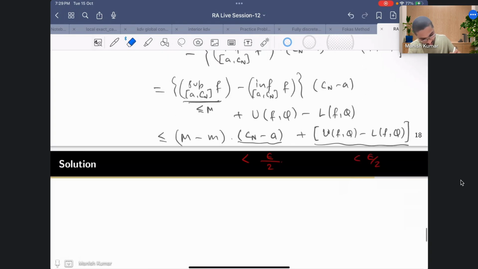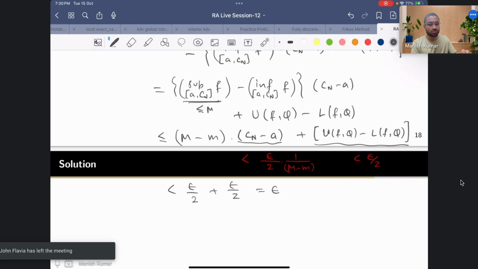I'll divide it by 1 by M minus m. Then you see this whole thing will come as epsilon by 2 plus epsilon by 2, which is equal to epsilon, and this is what we wanted to prove, right? So that's why this is my epsilon tilde and this is my epsilon hat.